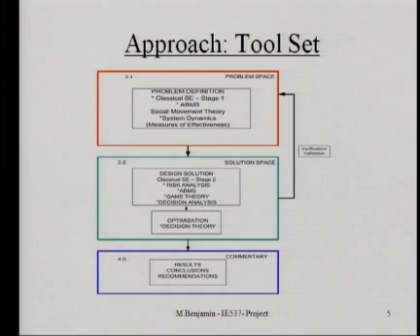So in the solution space, we're going to be designing a solution. Again, this is classical systems engineering stage 2. We'll again use the risk analysis concepts, what-if scenarios, and try to determine the best solution for the problem, and to see that we're meeting the measures of effectiveness that we defined earlier in the problem space.